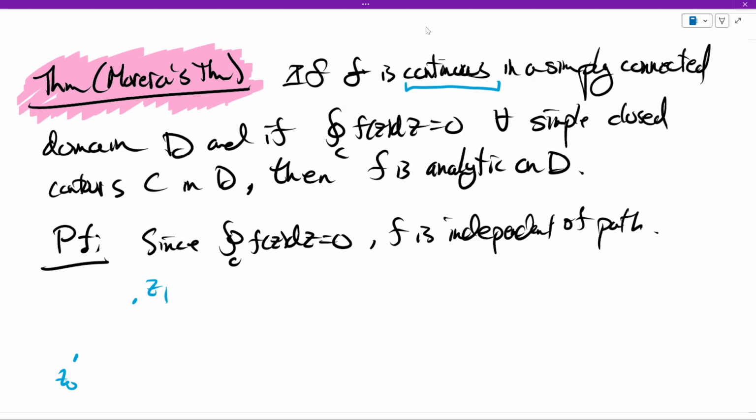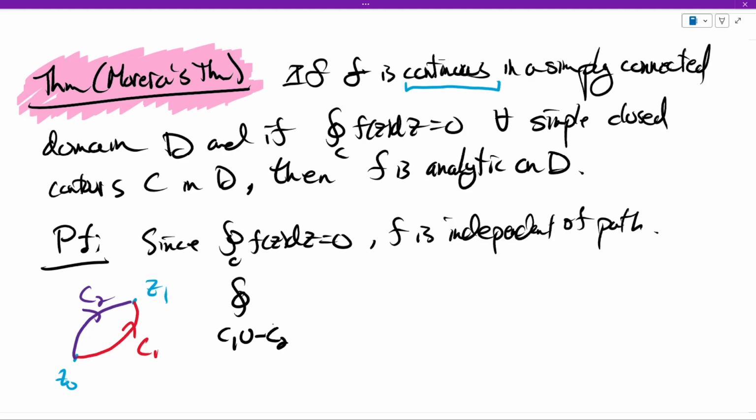If I had any two contours, say C1 and C2, then I can think about the contour which is: do C1, then do C2 in the opposite direction.